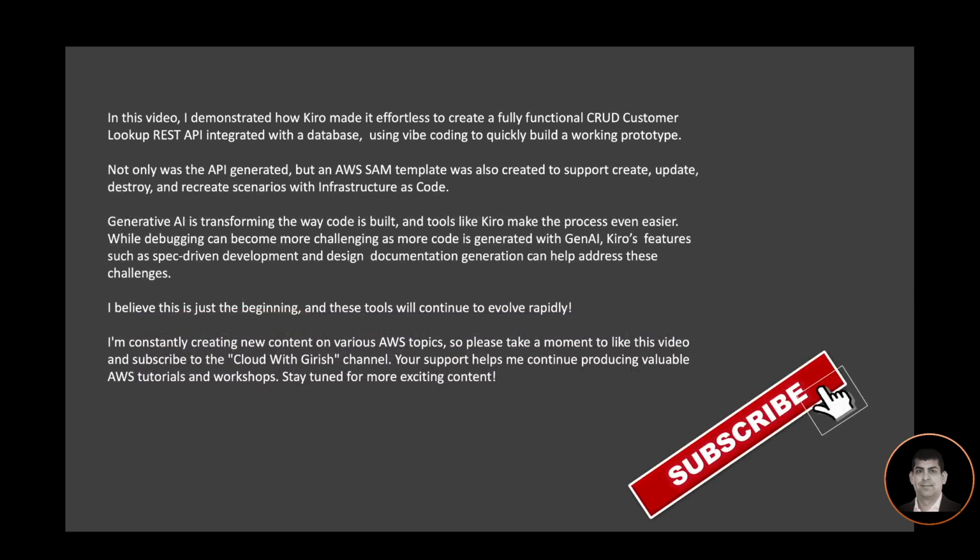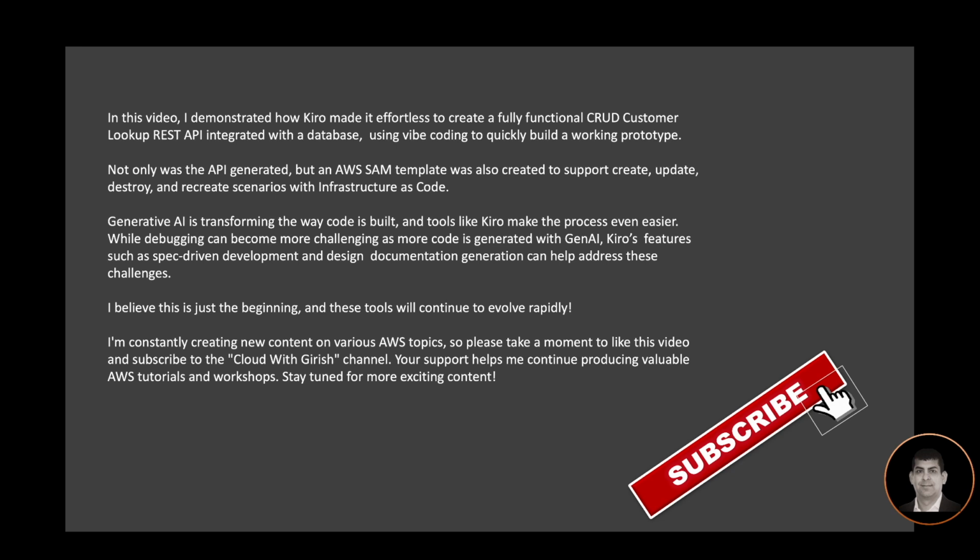So in this video, I demonstrated how Kiro made it effortless to create a fully functional customer lookup REST API integrated with a database, using vibe coding to quickly build a working prototype. Not only was the API generated, but an AWS SAM template was also created to support create, update, destroy, and recreate scenarios with infrastructure as code.